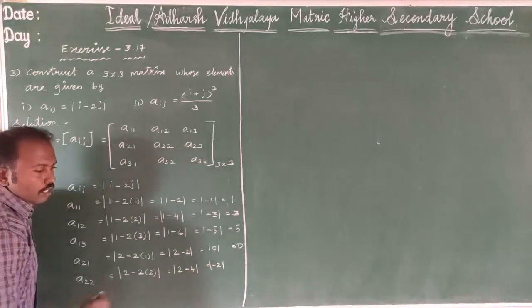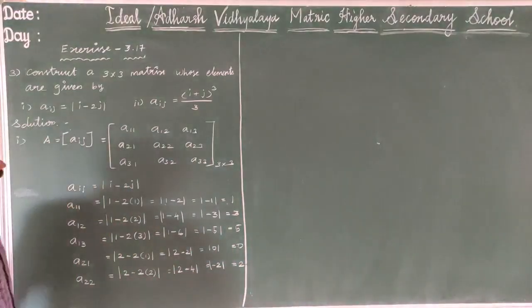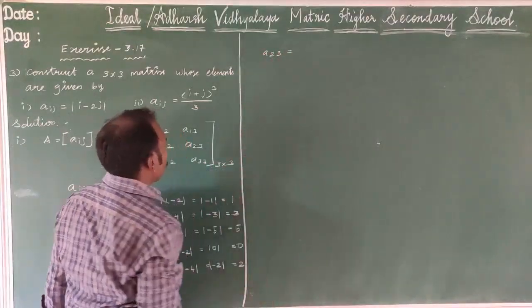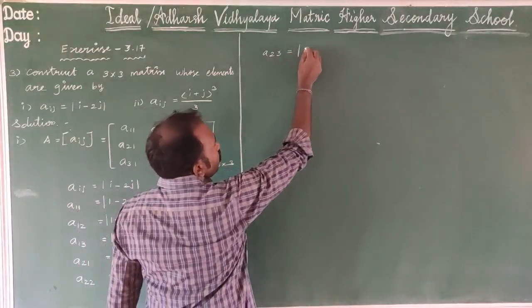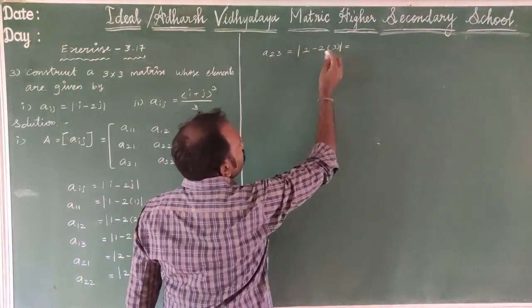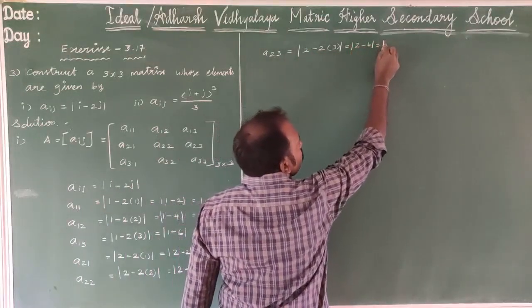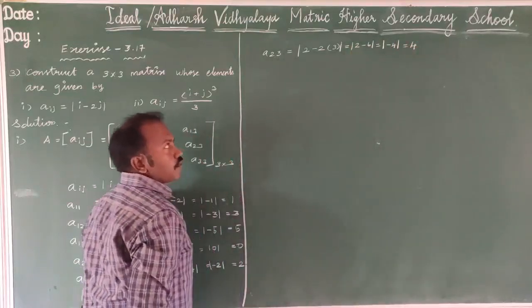Modulus minus 2, we get plus 2. Next A23 is equal to modulus 2 minus 2 into 3, that is equal to modulus 2 minus 6, that is equal to modulus minus 4, we get plus 4.